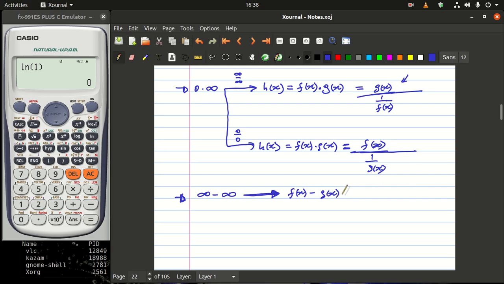And then to actually deal with this, what most people usually say is to factor out this f of x. After factoring it out, you will be dividing f of x by f of x, so you'll have a 1, and then here you will end up having a g of x, and an f of x in the denominator.